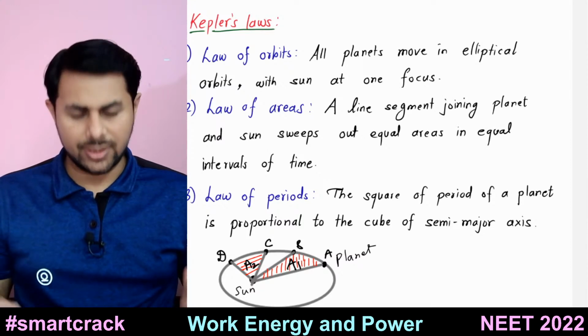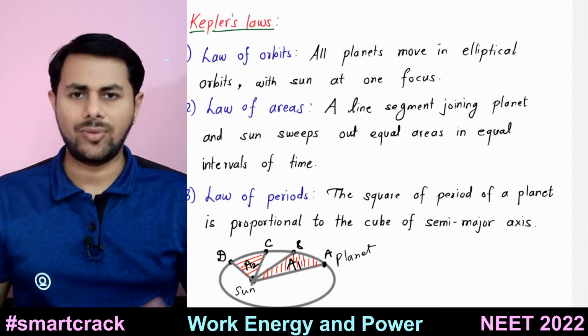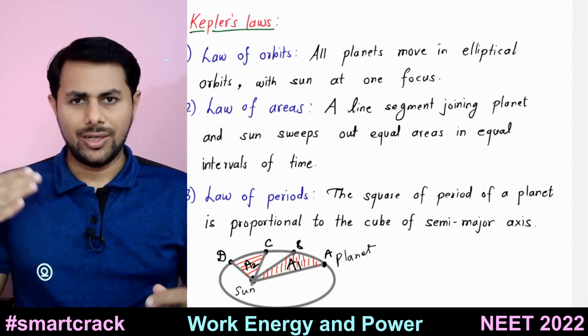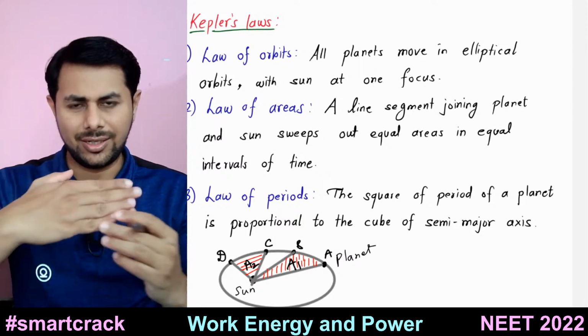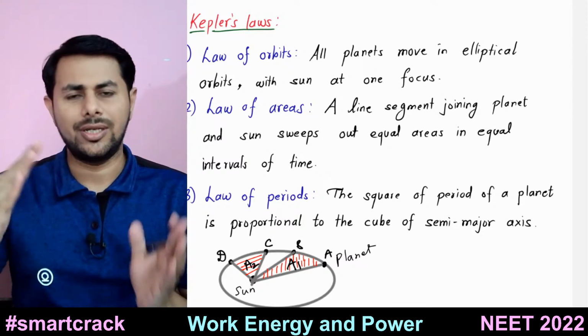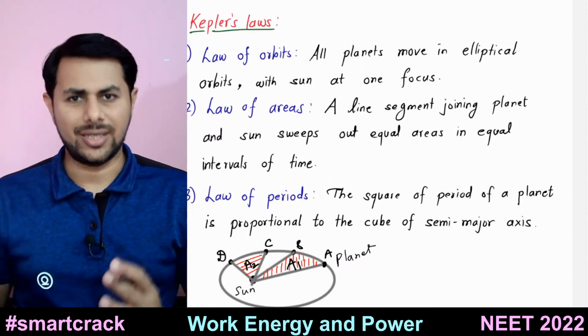Alright, so this is Kepler's second law. It is law of areas. So if you join a line from center of the sun to center of planet, then it moves through equal areas in equal intervals of time. This is the second law.